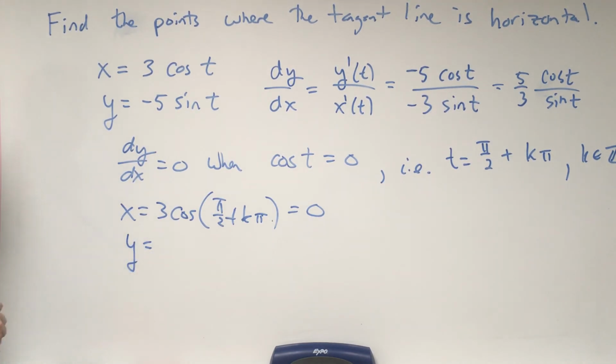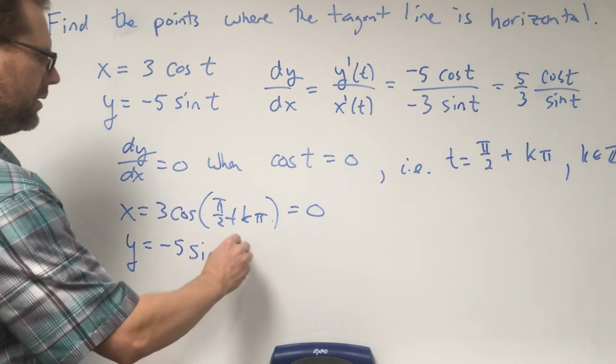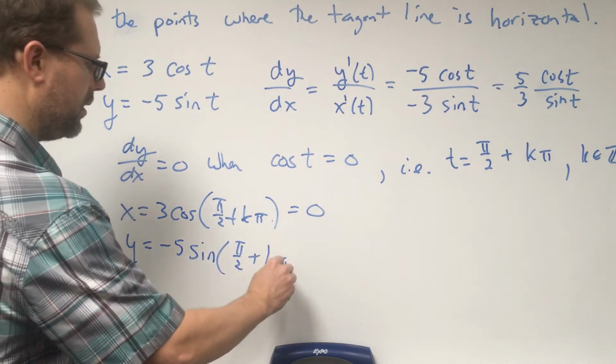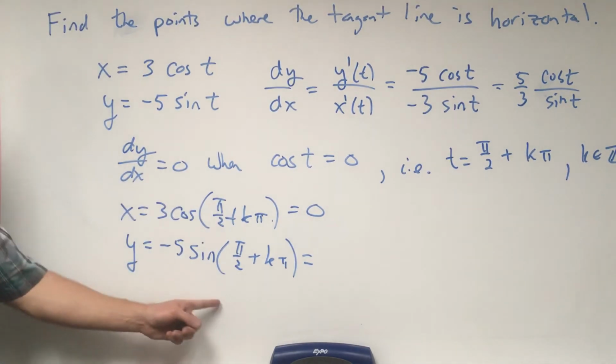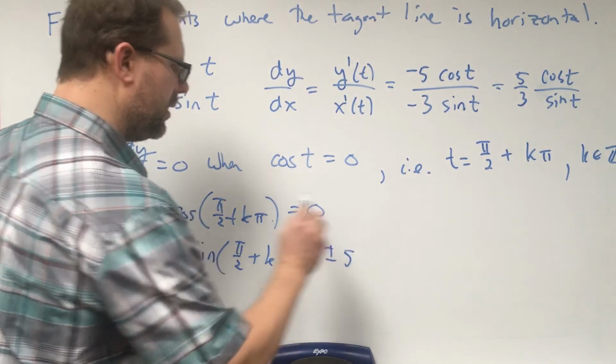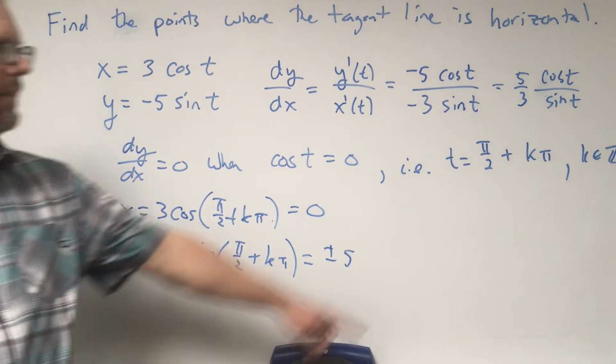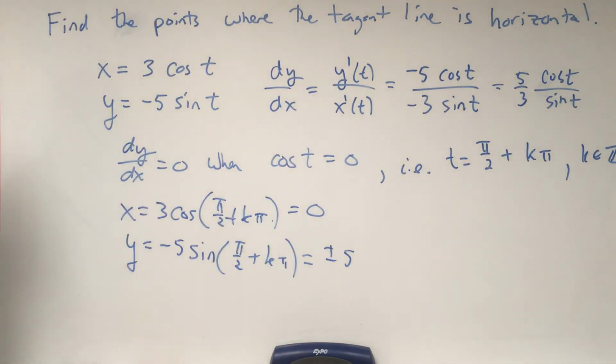Y, of course, is going to be negative 5 times the sine. And sometimes this is 1 and sometimes this is negative 1, and so we're going to get plus or minus 5 from that work. And so when we look at our ellipse, and this does turn out to be an ellipse, we're going to have particular t values, and they're going to correspond to particular x and y values.